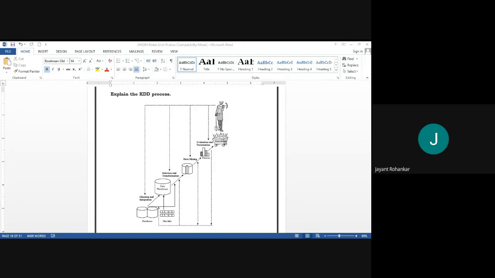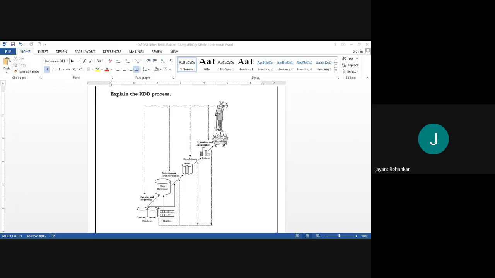Today, we are going to learn about the KDD process, which is part of the data warehousing and mining subject. KDD means knowledge discovery from database. The diagram of the KDD process is on your screen, and in this we have to learn how to get the valuable data, the data which is important to take decisions in any organization, any industry.